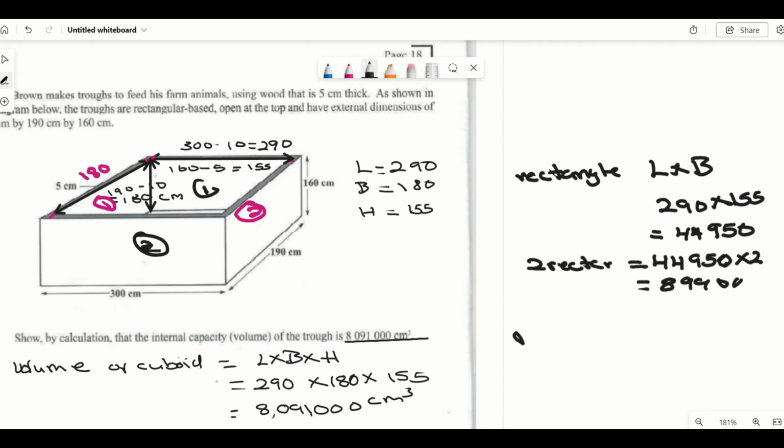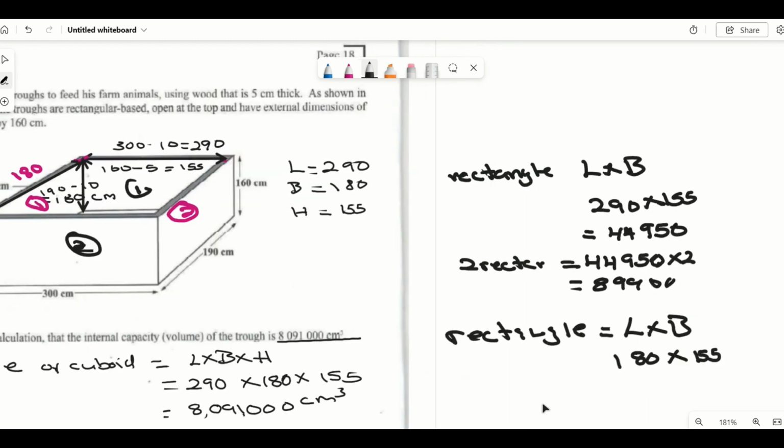So the area of the rectangle is length times breadth, which is 180 times 155. Right, so if we multiply that, this is equal to 27,900.